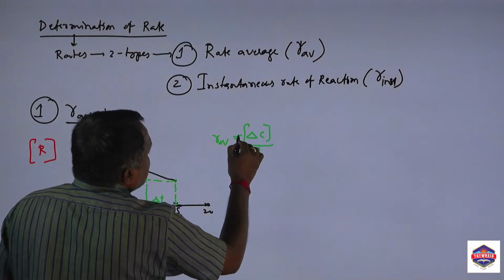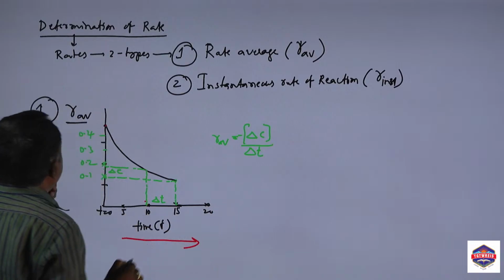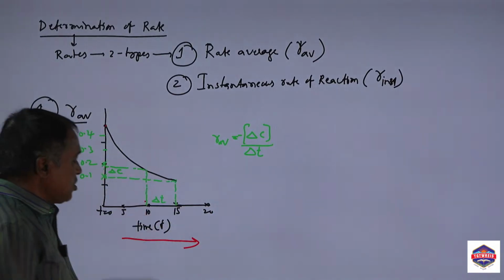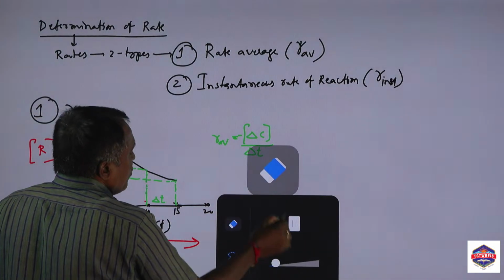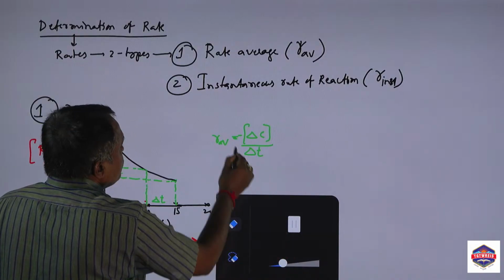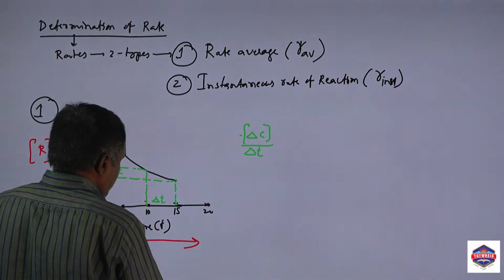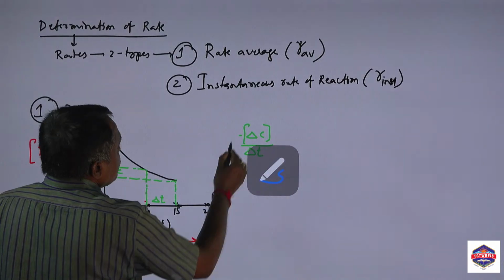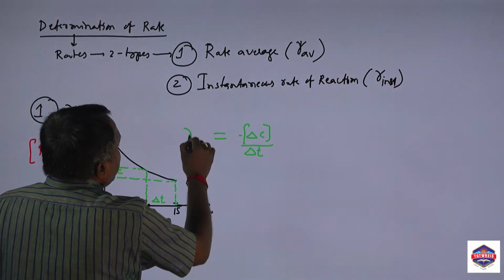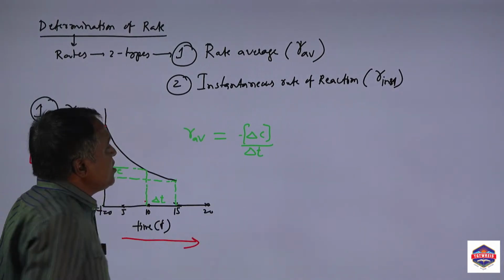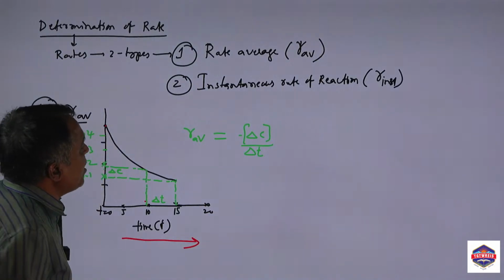Why is it minus? Because it is the rate with respect to reactants. Therefore, you must place a negative sign before it. This is the rate average.